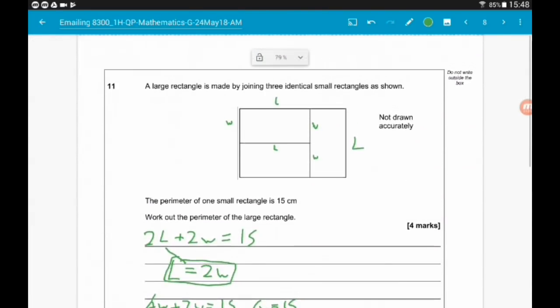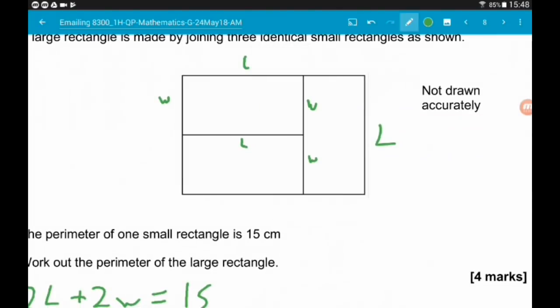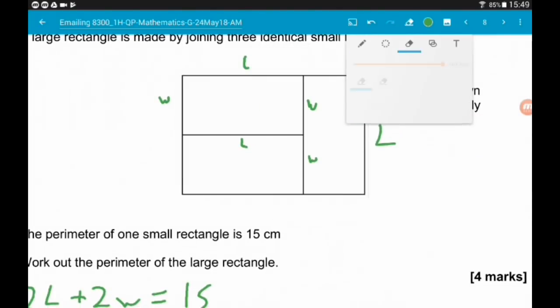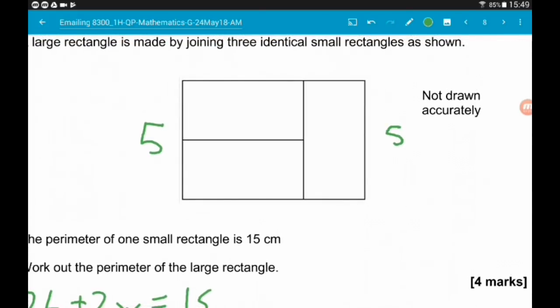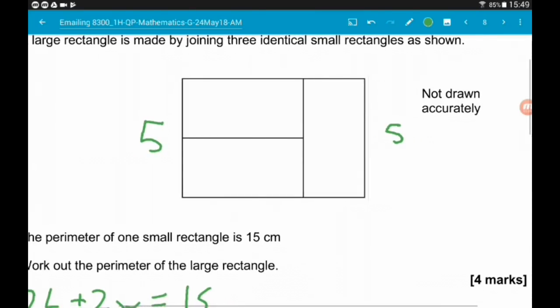We can go around this whole rectangle, clear them up a little bit. So I'm just going to write on the measurements that we know. This is 5, this over here is 5. The top and bottom lengths are going to be 5 add 2.5.